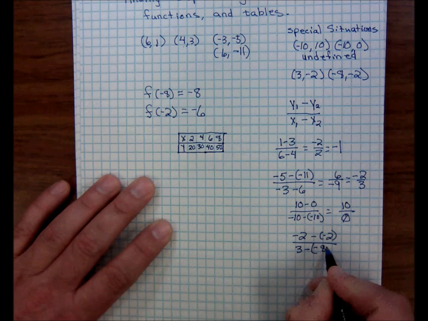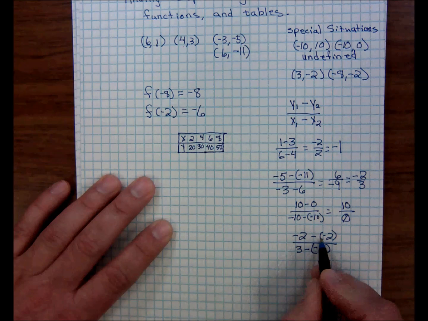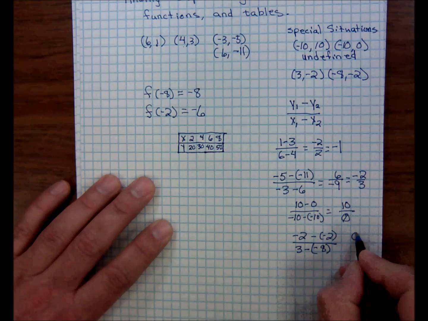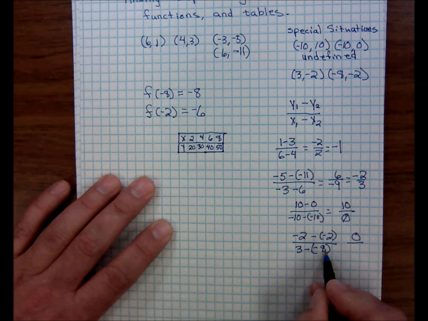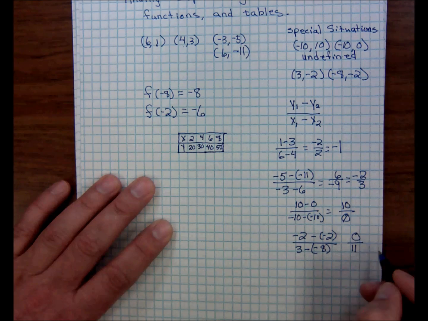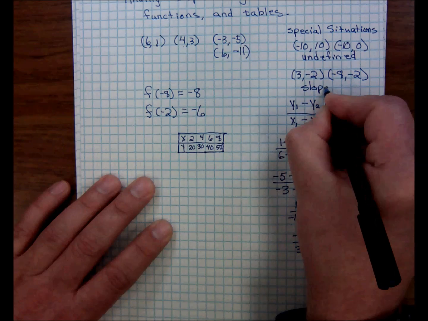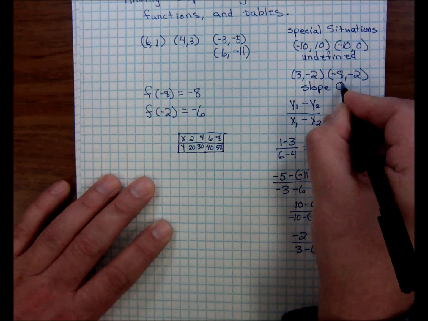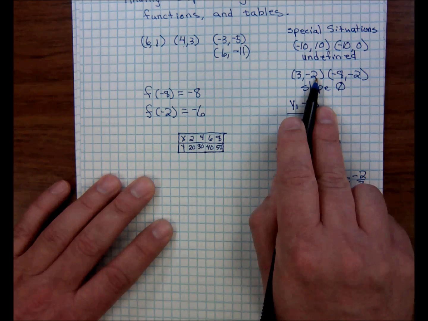We end up with negative 2 plus a positive 2, which gives us 0. And here we have 3 plus 8 is 11. We have a slope of 0. And this is a horizontal line at the y-intercept of negative 2.